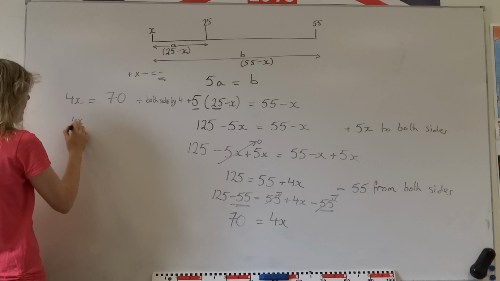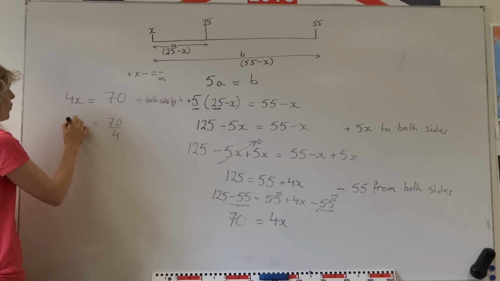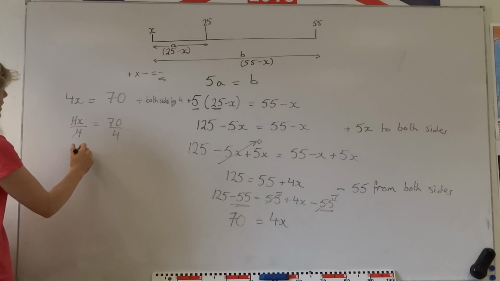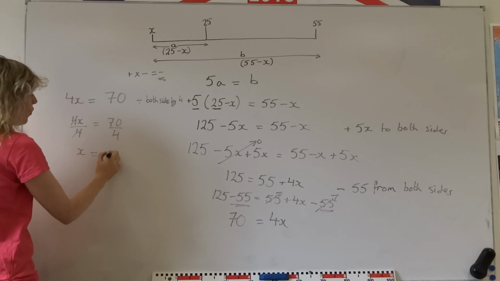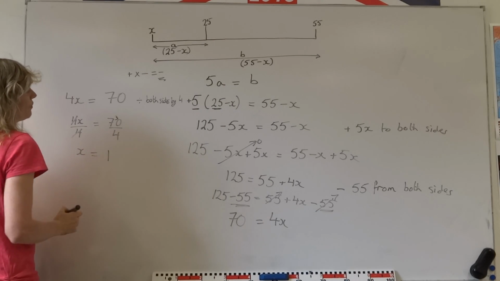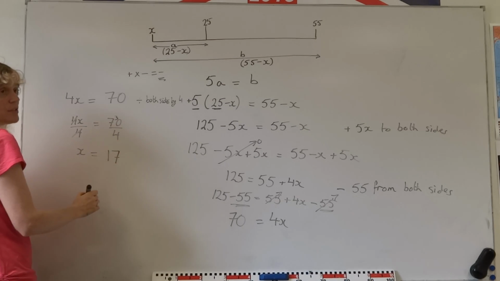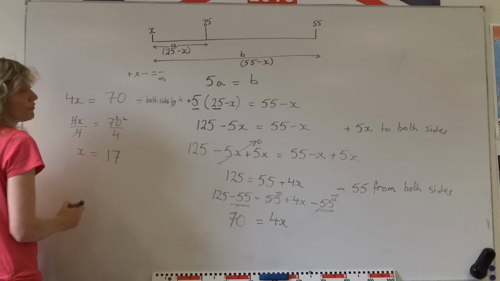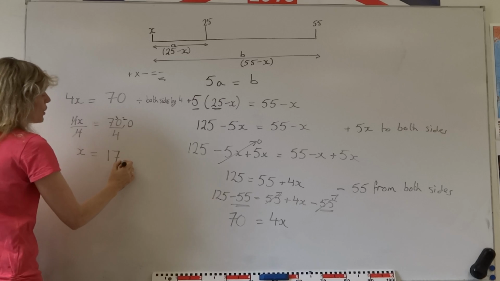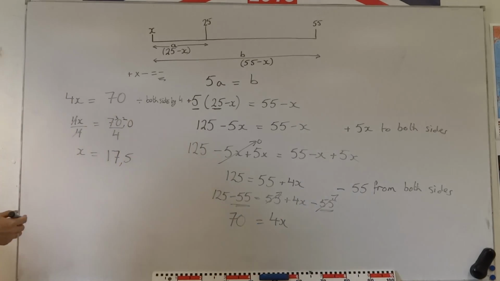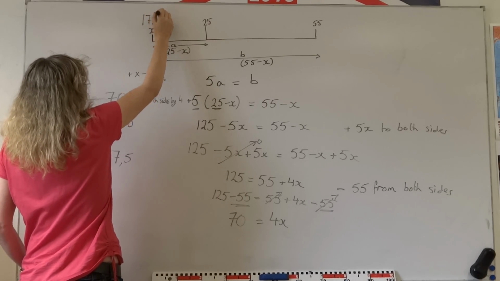So I take 4x and divide it by 4 equals 70 divided by 4. 4 divided by 4 is the one that I want, so 1 lot of x is going to equal: 4's into 7 go 1 time, 3 left over. 4's into 30 goes 7 times, 4 7's are 28, giving me 2 left over. Decimal point in the right place, 4's into 20 go 5 times. So now I think that my number x would be 17 and a half.